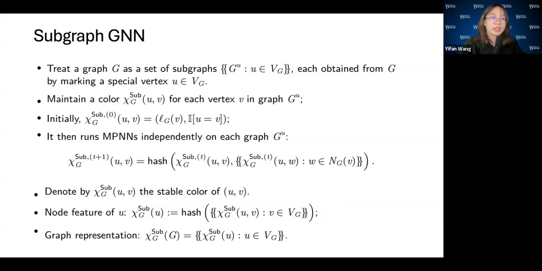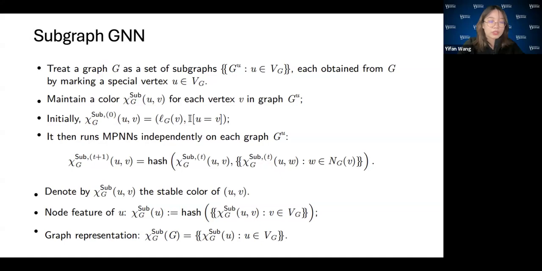At the beginning, it will assign each subgraph a label, and then for each iteration, it will update the subgraph's representation by collecting the message from itself and its neighbors.